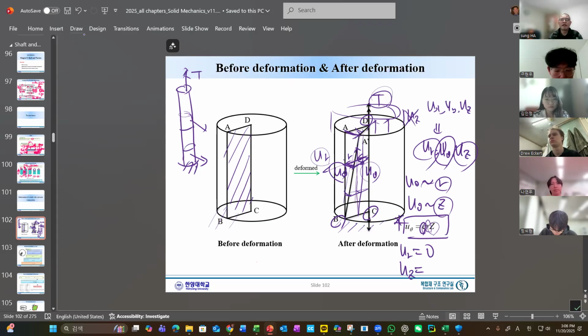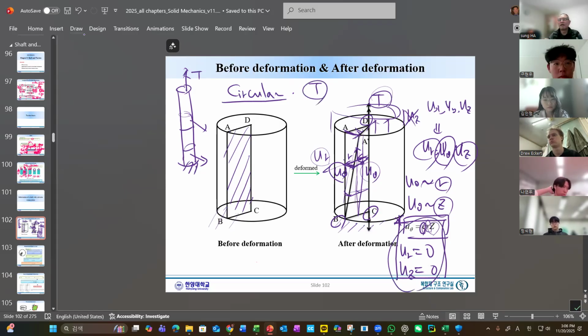So these three are the most fundamental observations, or you can say assumptions, for a circular shaft under torque T. This is all you need actually.